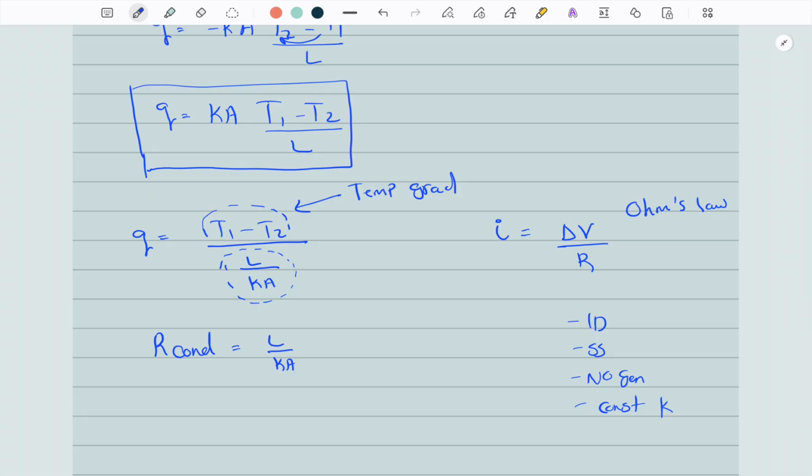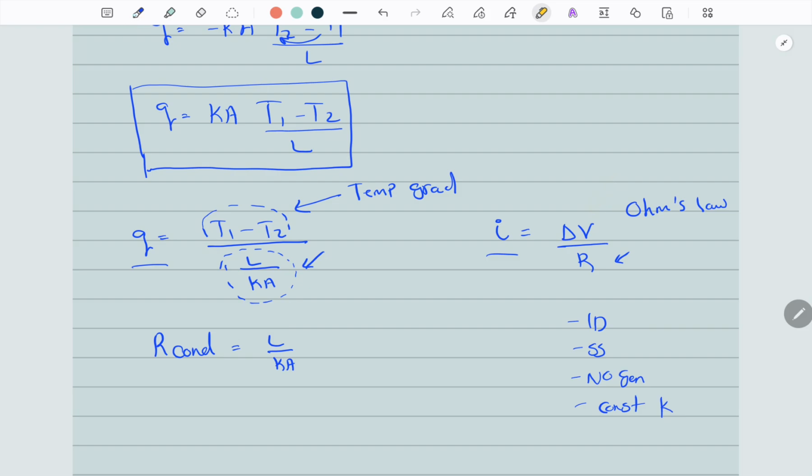In that case only, you can compare the heat flow to the electrical flow and the thermal resistance to the electrical resistance. Again, what's driving the heat flow is the temperature change, the temperature gradient. Similar to Ohm's law, what's driving the electrical current is the change in voltage.